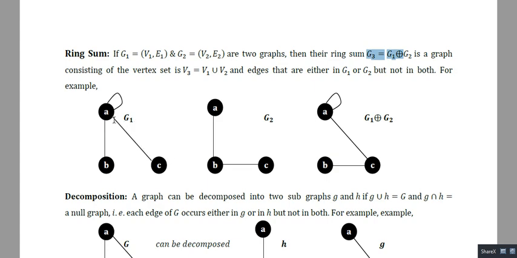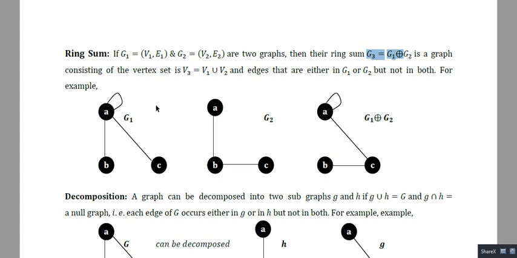Similarly, we can consider this one as it is present only here, and this can also be considered because it is not present here. Only this we can ignore because it is present in both graphs. So just include those edges which are present in exactly one of the graphs. Like this is present in this graph, this is present only in this graph, and this edge is present in this graph.